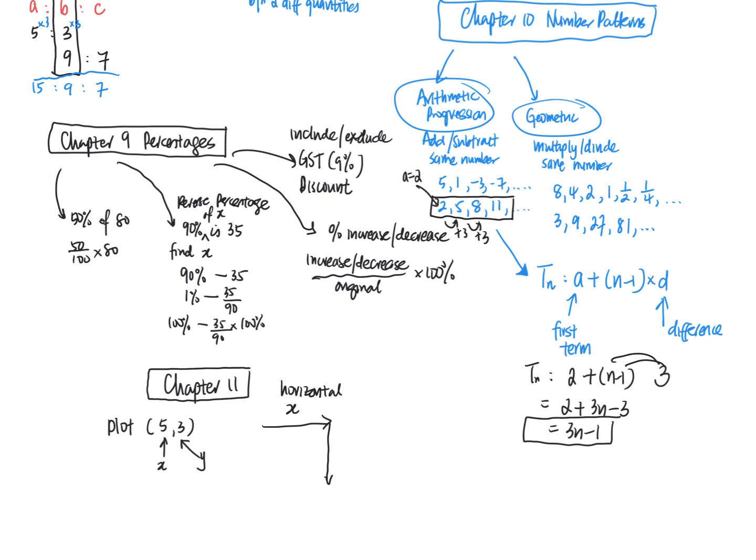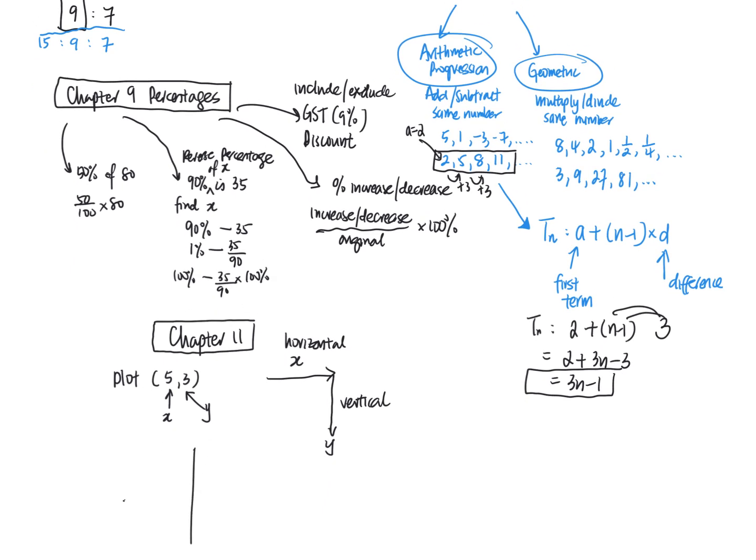This is y, the vertical one. Okay? So in your x and y axis, locate 5, y is 3. So this is the point A. So you must know how to plot, you must know how to read.